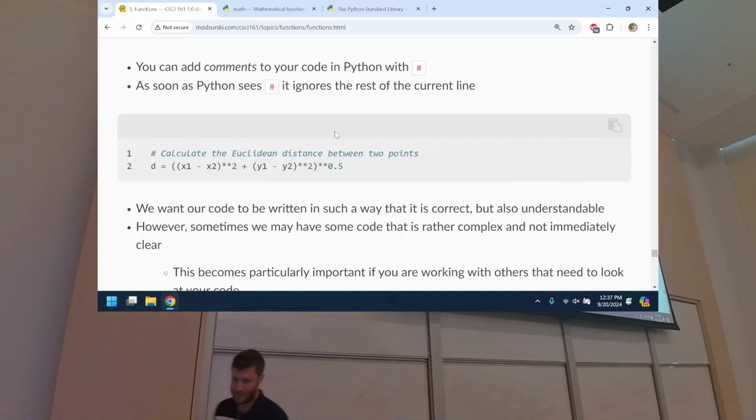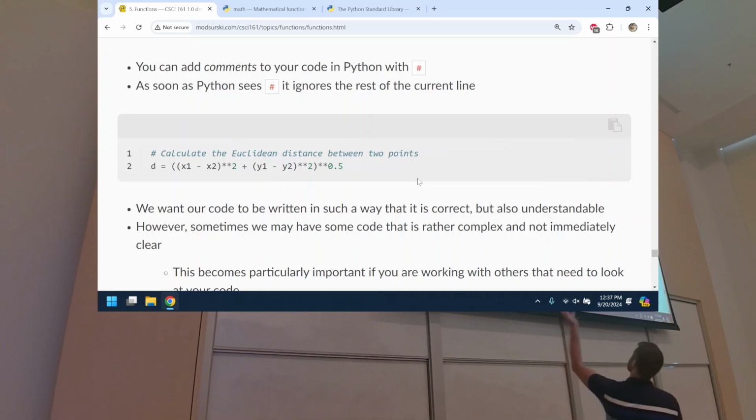In order to write a single line comment, you do a hashtag, and then you just write whatever you want. Now, ideally, you want your code to be as self-descriptive as possible, but sometimes, even if you wrote the code really nice and self-describing, it's still a little ambiguous and unclear about what it's actually doing.